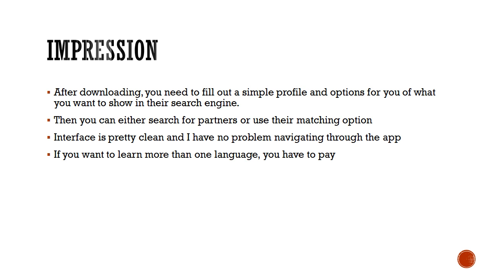So, my impressions of this app. After downloading, you will be given a list of things that you need to fill in, and this is your profile. It's very simple, but you have to actually fill it up so that people can look for you in the Hellotalk search engine. It's very user-friendly, and it allows you to filter some things out.